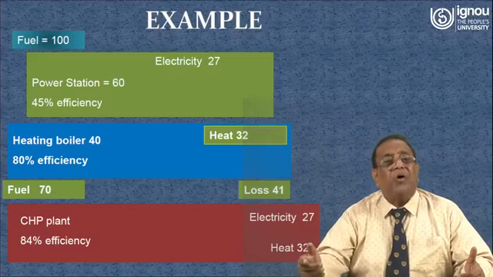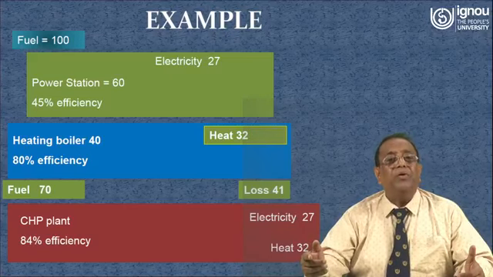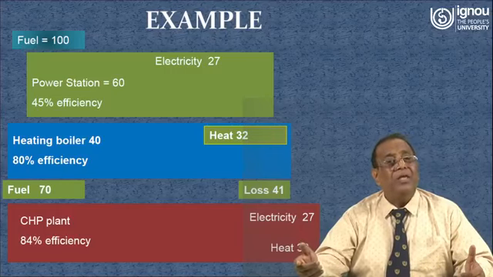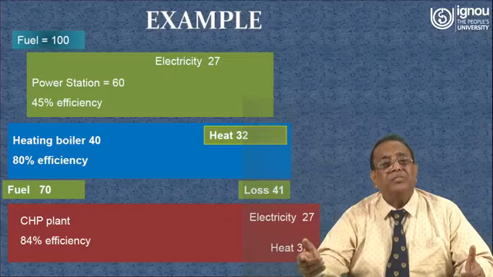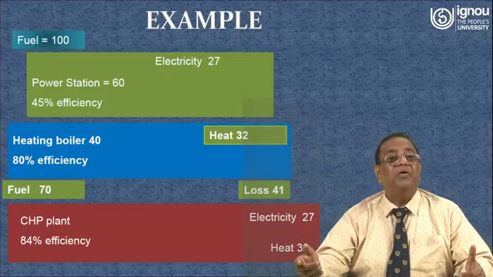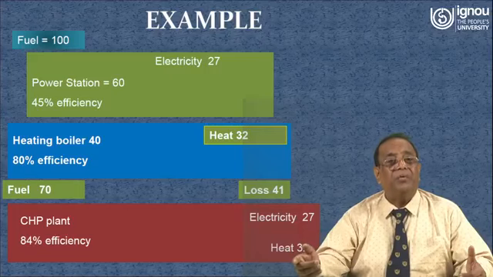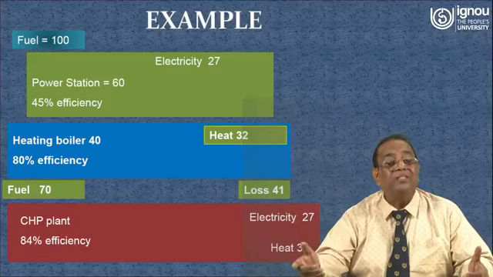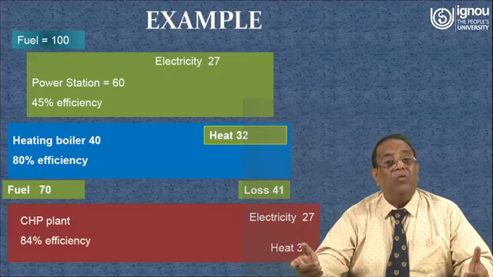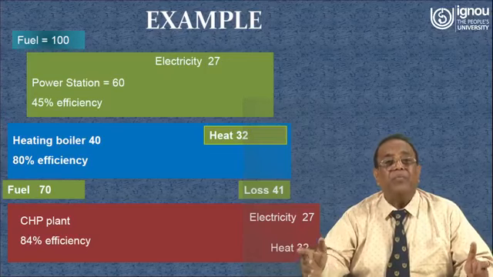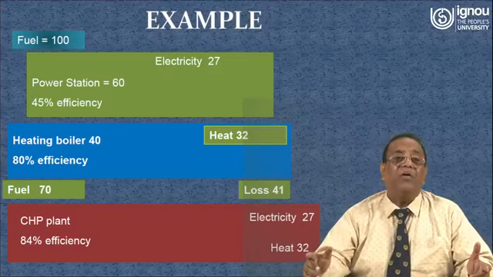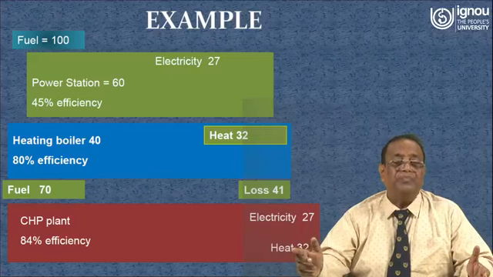So, in this process, out of 100 units of available energy, we get electrical energy of 27 and heat energy of 32. So, 27 plus 32 is 59 units. How much is lost? 100 minus 59, that is 41. So, in this case the loss is 41 out of 100 units of available energy.